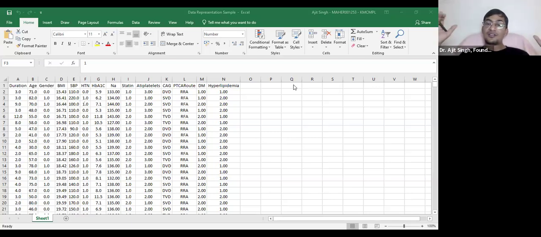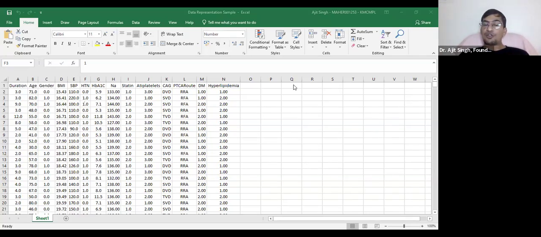In drugs, you cannot define which one is number 1, which one is number 2, which one is number 3. All have different distinguished characteristics. If there are distinguished characteristics, they cannot be in rank. So that's why antiplatelet drugs are not ordinal, they are nominal.